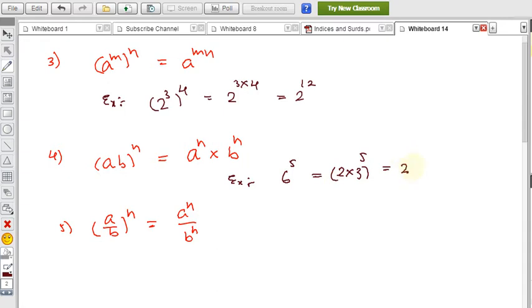So that power I can split: 2^5 × 3^5. Similarly, this is a/b. Now (2/3)^5 is 2^5 / 3^5.